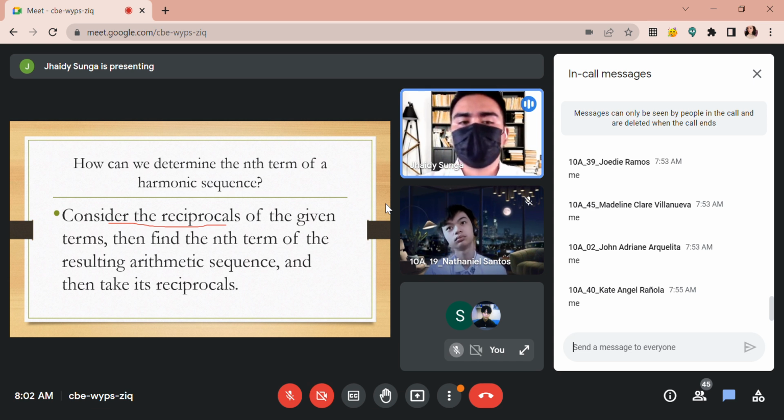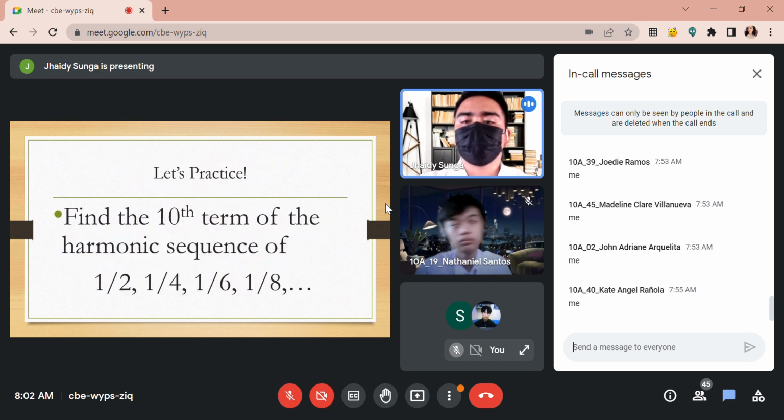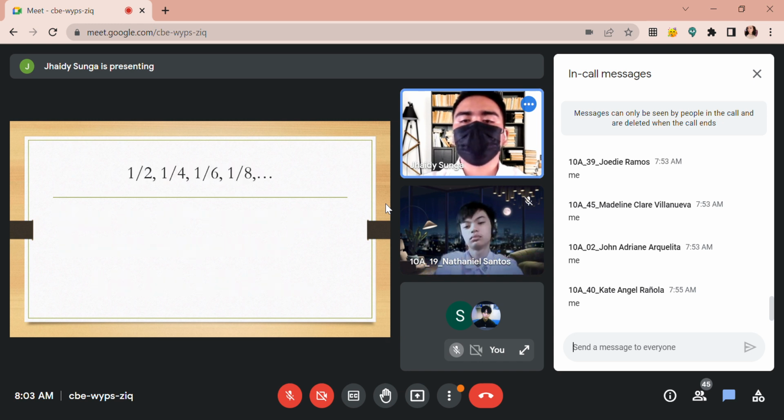All right, let us try to practice. This is an example. Find the 10th term of the harmonic sequence 1/2, 1/4, 1/6, 1/8. These are the terms that we have.